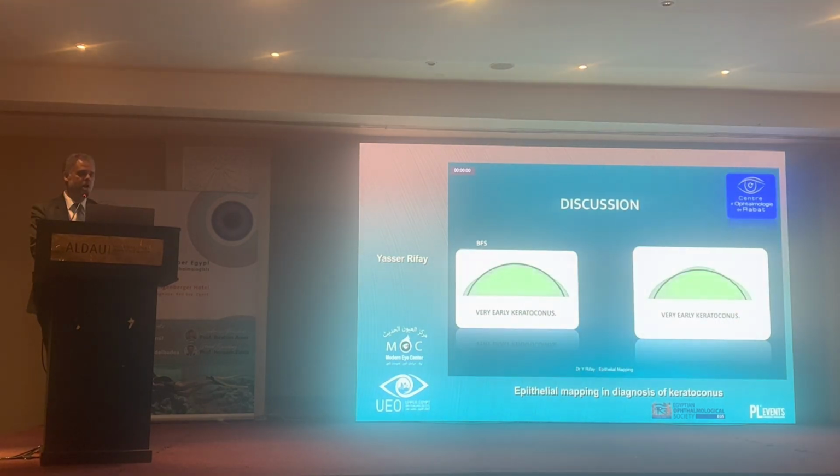When we have a very early keratoconus, and we use the posterior elevation map, we trust the posterior elevation map: when it is normal, there is no keratoconus. There are some cases where in very early keratoconus, the values of posterior elevation are normal, and you have abnormalities on epithelial mapping.